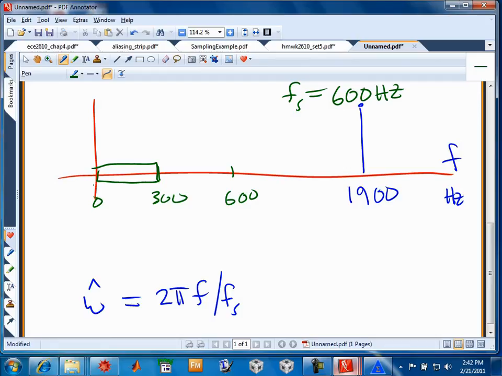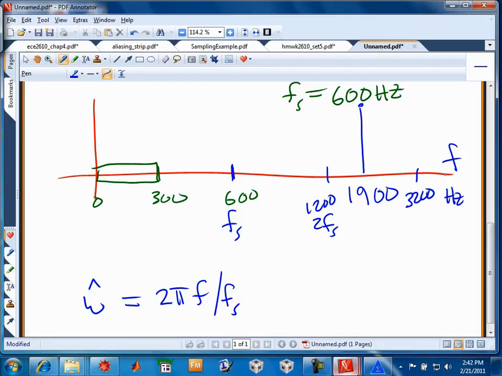A good way to do it graphically would be to start putting out where all these multiples occur. So we have multiples of fs, because remember everything is with respect to plus and minus a multiple of fs. So we've got 2fs. Where's 3fs going to lie at? Is that right?